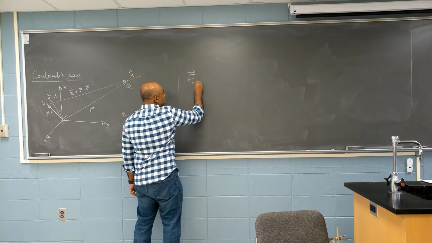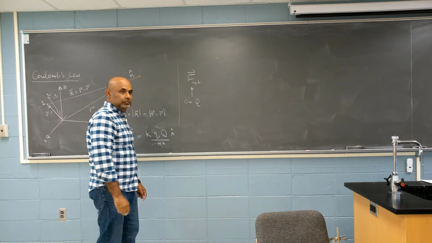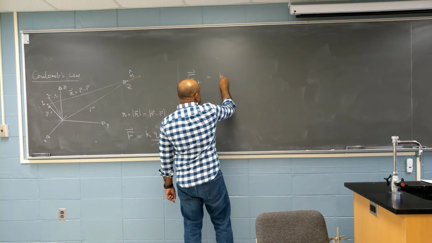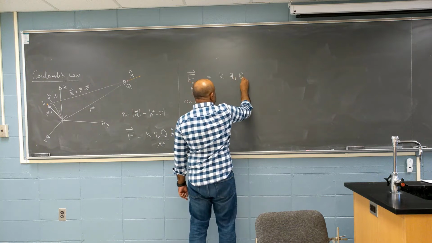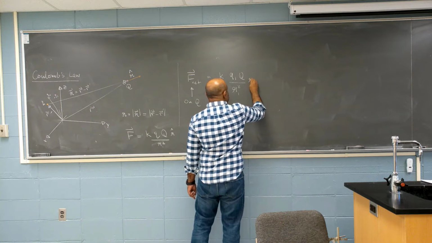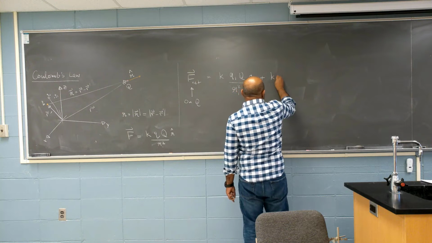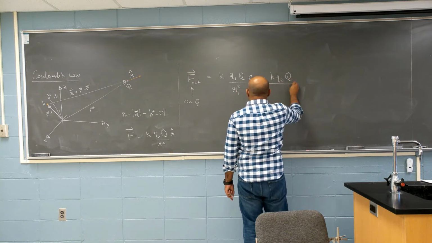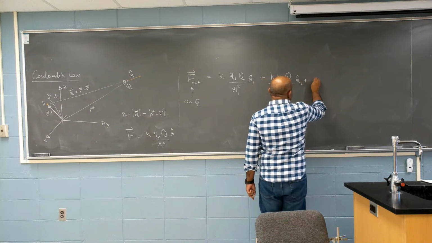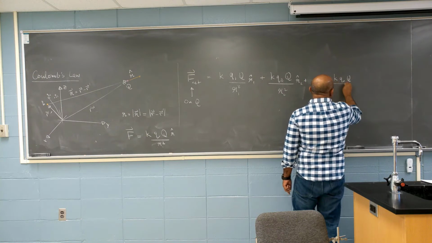and I can make this very clear, on Q. I'll write it two different ways. K, Q1, Q over R1 squared, R1 hat, plus K, Q2, Q over R2 squared, R2 hat, and so on up to K, Qn, Q over Rn squared.